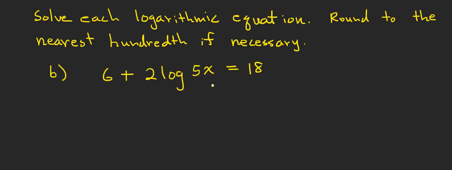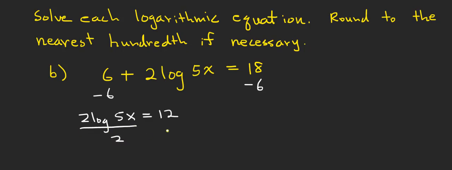Now let's solve this logarithmic equation. In order to do that, you need to have log by itself. So let's subtract 6 from both sides. You get 2 log of 5x equals 12. And you want to get rid of the 2 in front of log, so let's divide both sides by 2. You'll get log of 5x equals 6.